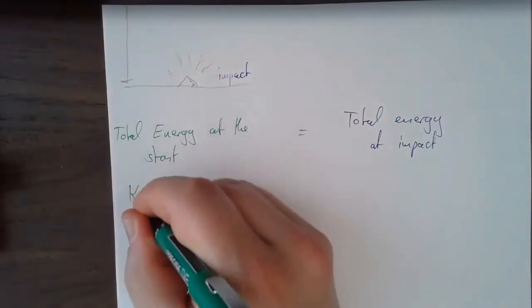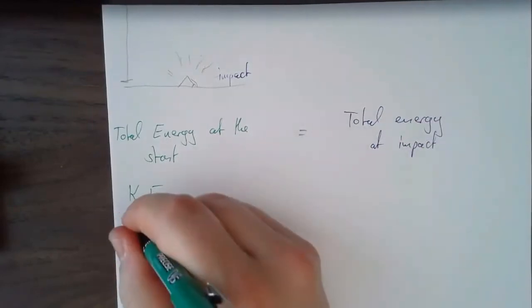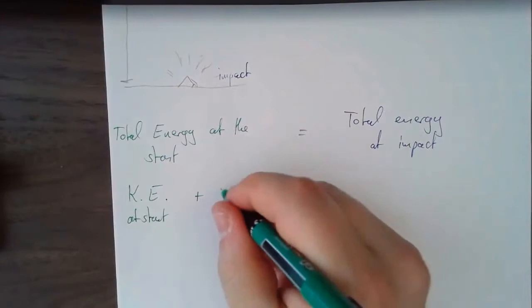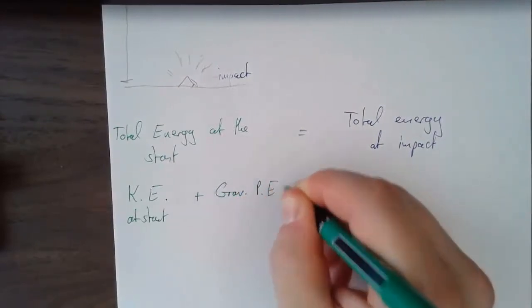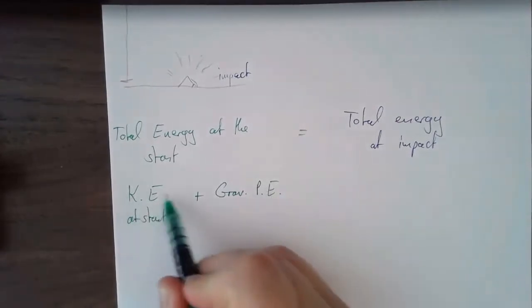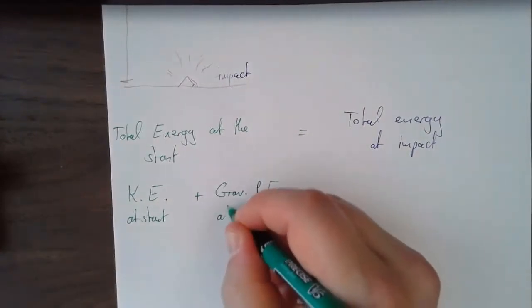So we're going to say the kinetic energy, I'm going to abbreviate this KE, at the start, plus the gravitational potential energy, at the start. I want to abbreviate potential energy and kinetic energy every time because we're going to be using them so much.